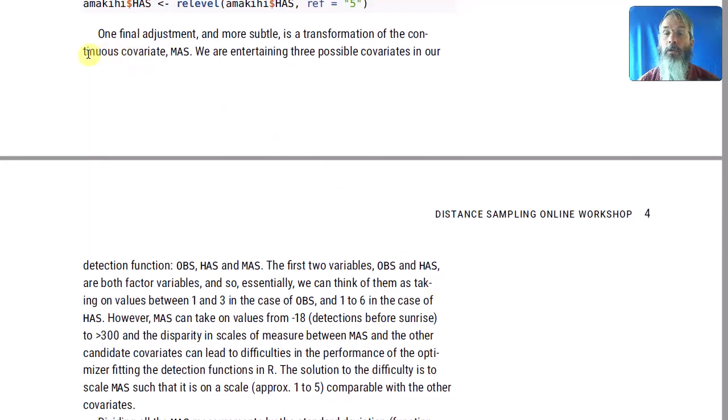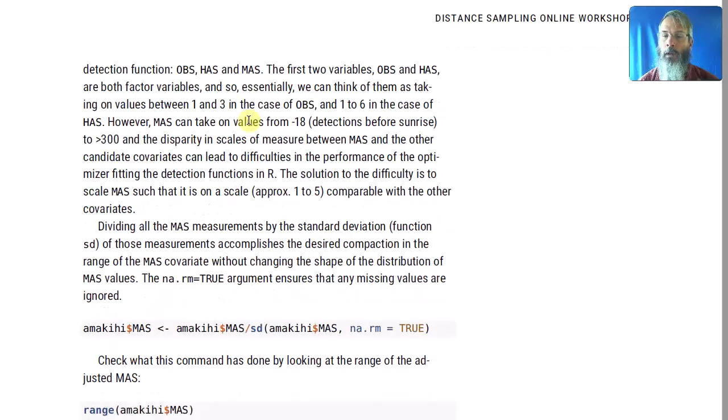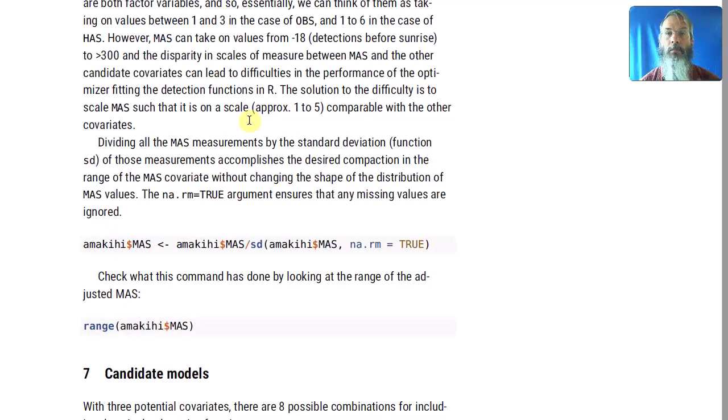The continuous covariate, minutes after sunrise, as I said, is measured on a very different scale than the other covariates. And so a way to bring minutes after sunrise into a comparable scale is to standardize the data.